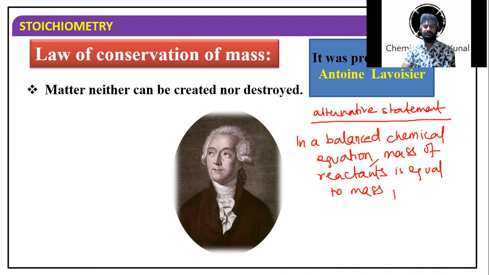You must remember this also. This is the better statement if you ask me. You can also remember the other one, that in a balanced chemical equation, the mass of reactants is always equal to the mass of products, right?